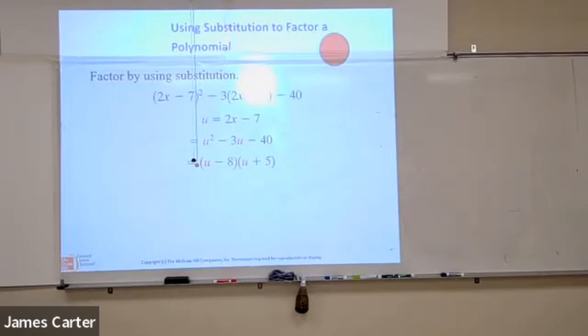Now what we do is we go replace this u with 2x plus minus 7, just like earlier, we replaced the u with an x squared or a y squared or whatever it was. So here's where we replace the u, minus 8. And here's where we replace the u plus 5.